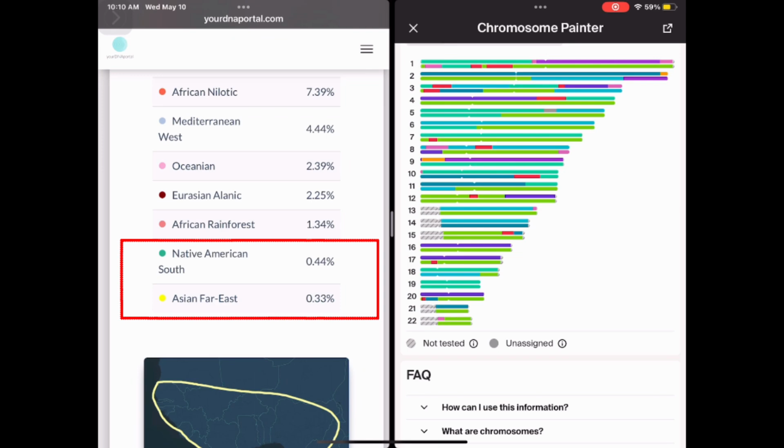Chromosome 12 shows Native American South at 0.44% and Asian Far East at 0.33%.